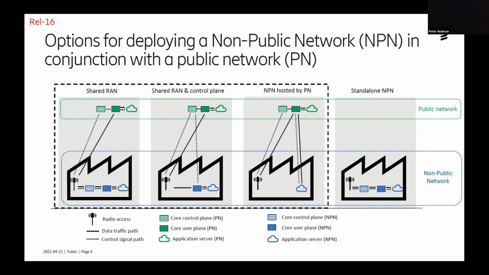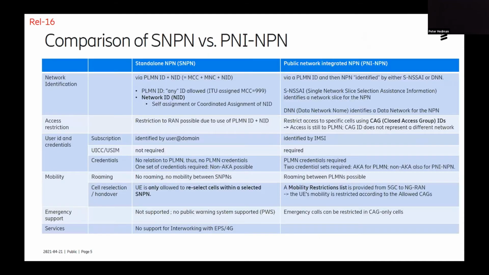This is a busy slide, but I will just point out some of the differences, or comparison, of the standalone and when it's integrated with the public network. One of the main reasons was that when you deploy a standalone network, there will not be enough identities of the networks.